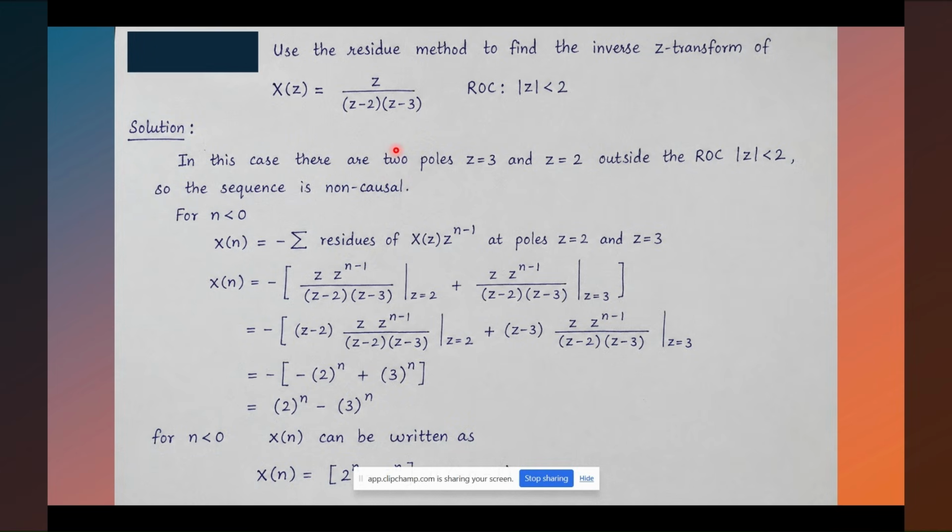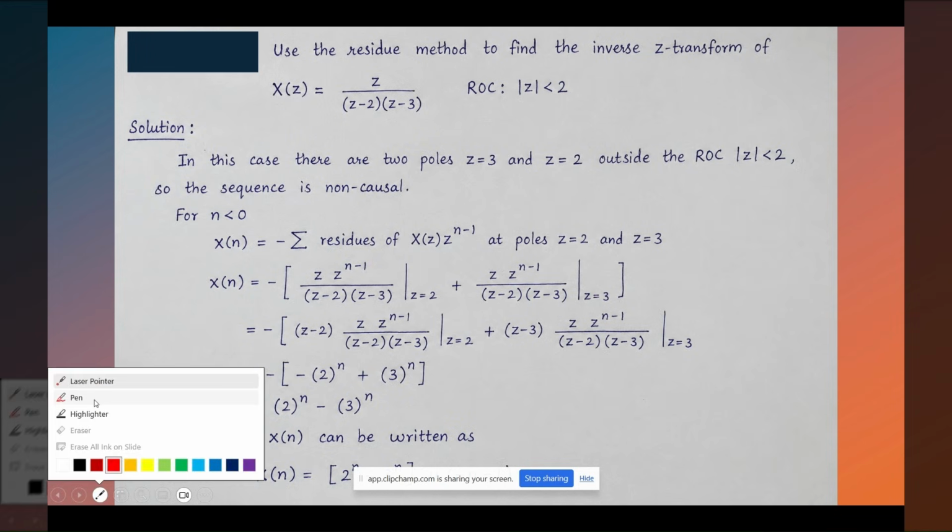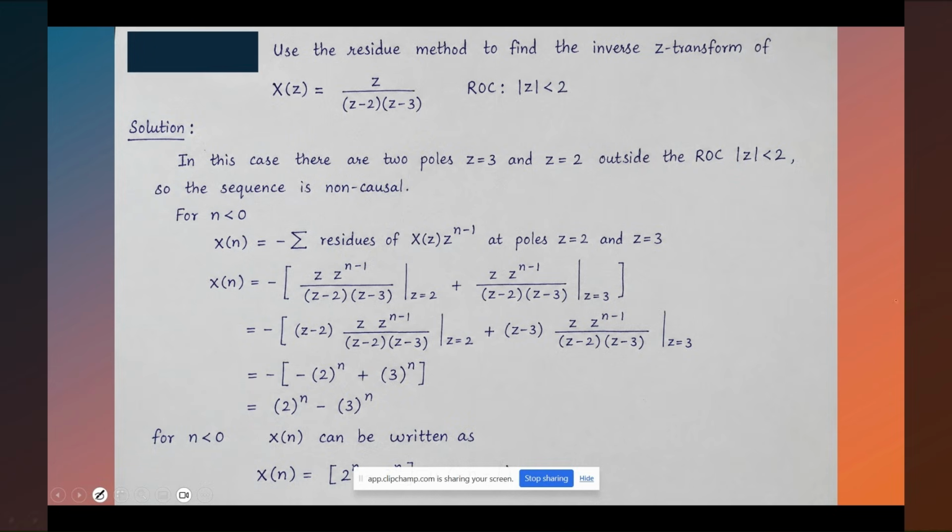The ROC is lying inside the circle. The poles at 2 as well as 3 are lying outside the ROC. So both are considered as left handed, and both the poles will contribute to the left hand side sequence.